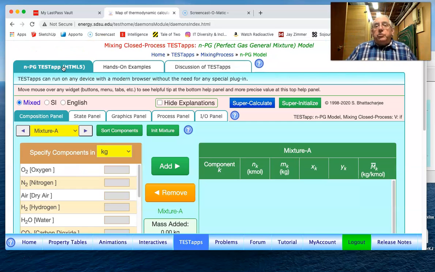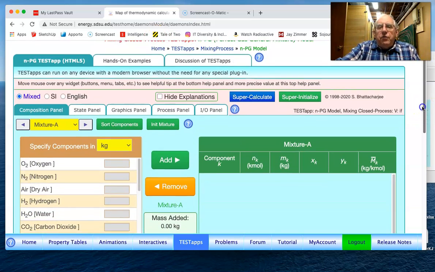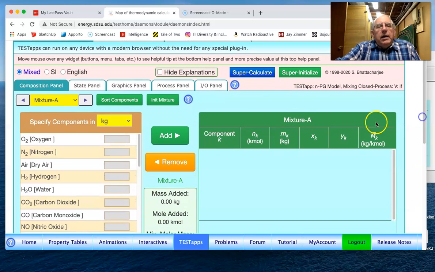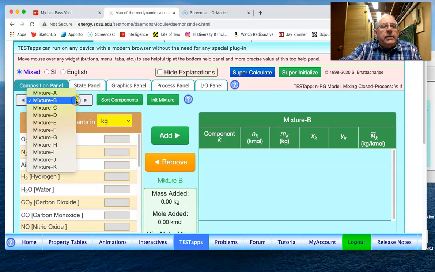What you see now in front of you is another TEST app that we really haven't observed so far. The first thing that's necessary in this app is, as you can see, we have a new tab, and that new tab allows us to select a number of different mixtures.